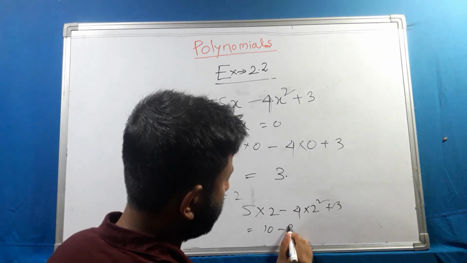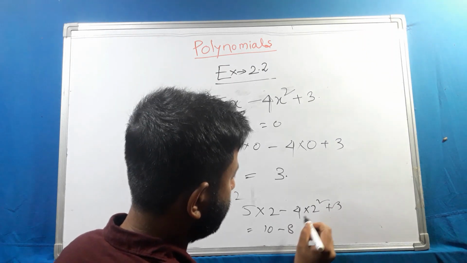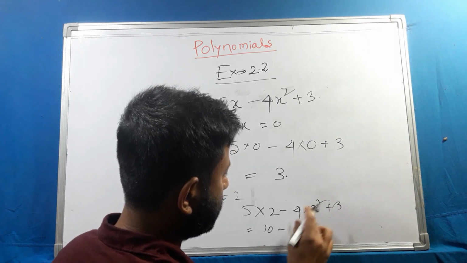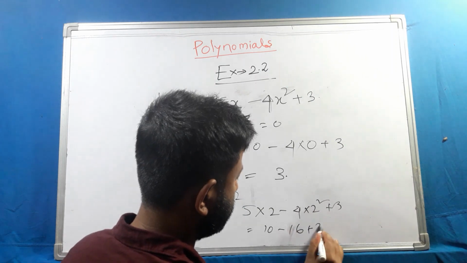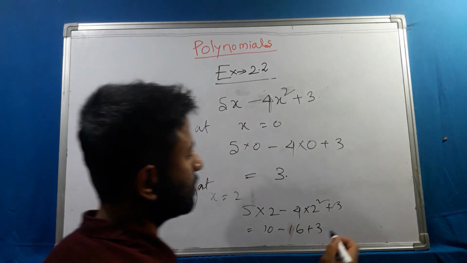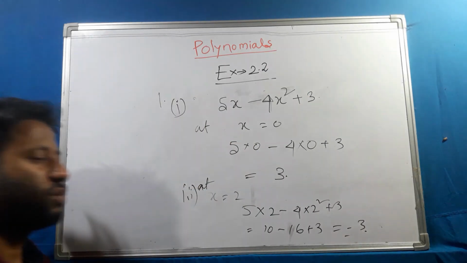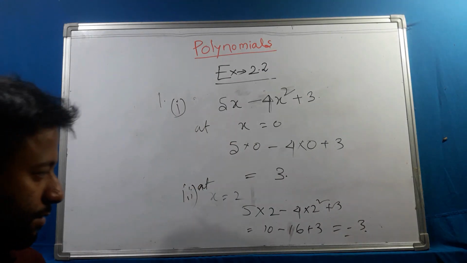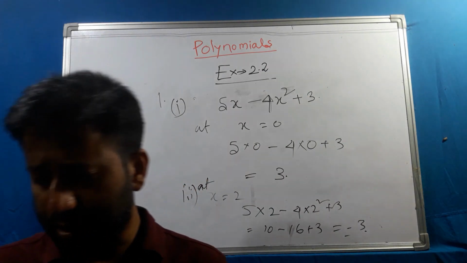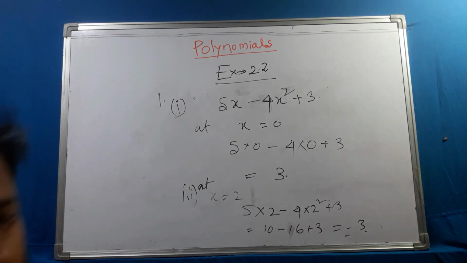That means 10 minus 16 plus 3, that is 13 minus 16, equal to minus 3. In this way I have to solve these problems and check the value. Now we move on to question number 2.